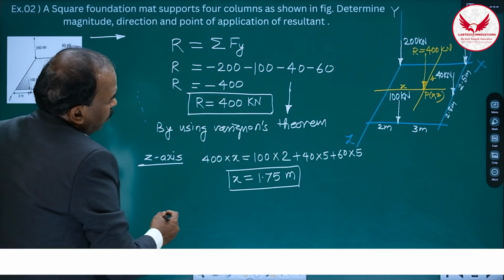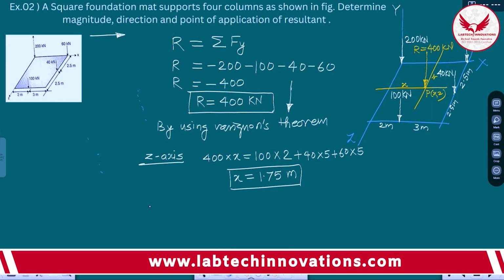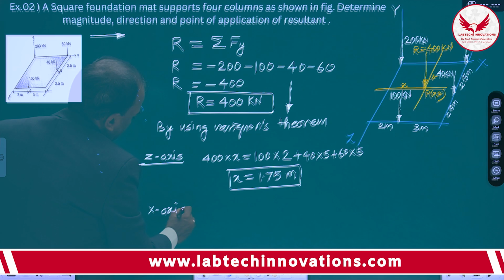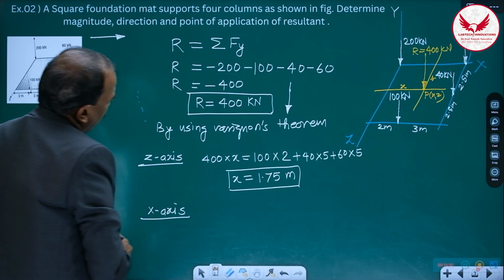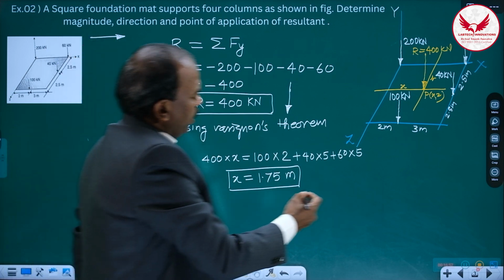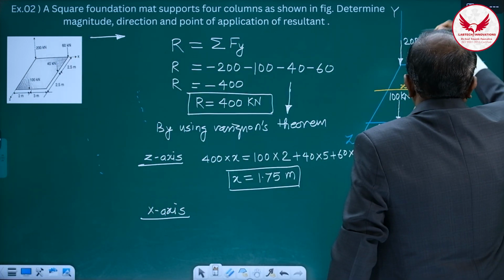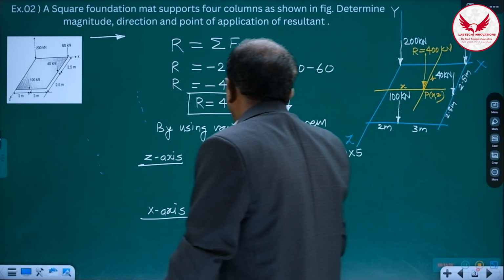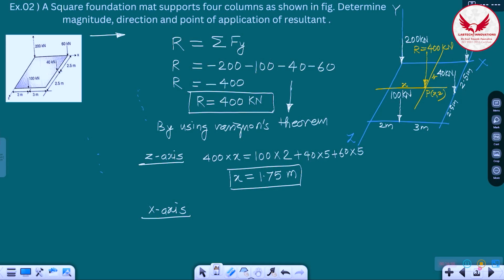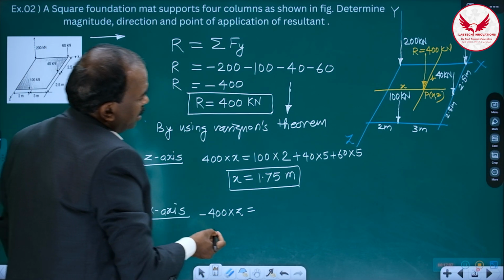And if we consider x-axis, about x-axis, how is going to be Varignon's theorem? About x-axis, if we are standing over here, moment of resultant is going to be negative, anti-clockwise. It is going to be minus 400 into z. It is equal to moment of 260 is 0.